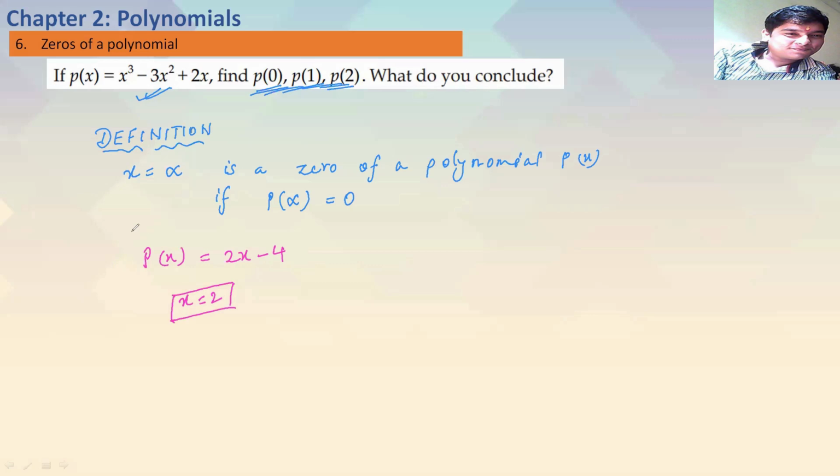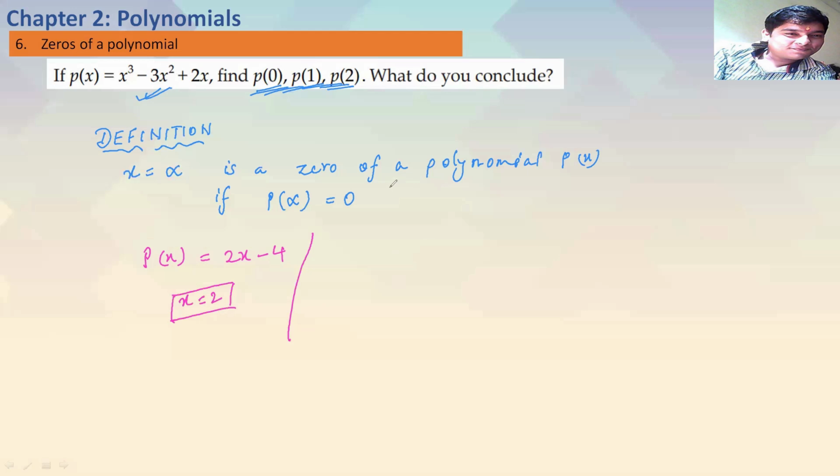But if you couldn't do the trial and error, placing one value at a time and checking whether you are getting zero or not, how are you going to find out the zero? You equated it to 0? Yes, absolutely. That's what I'm trying to tell you.